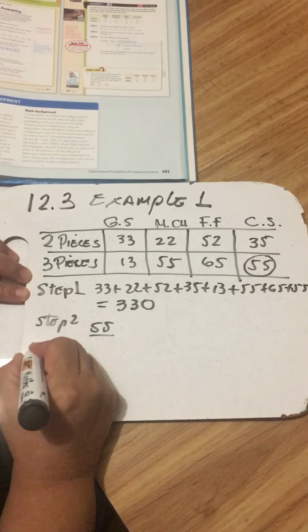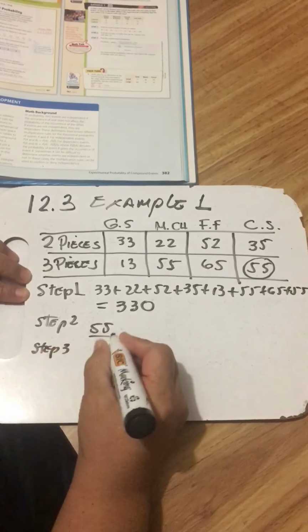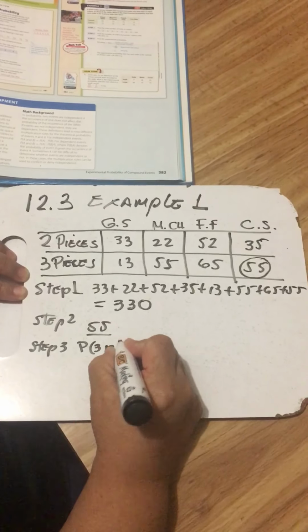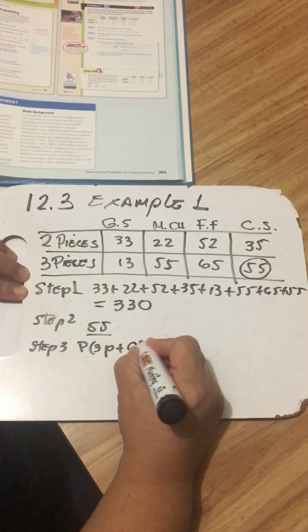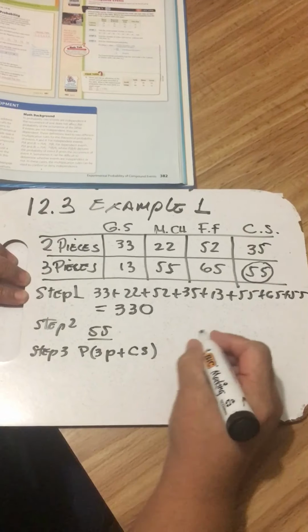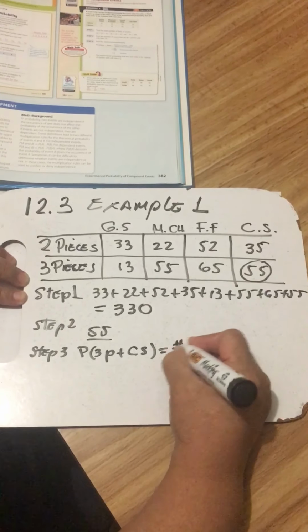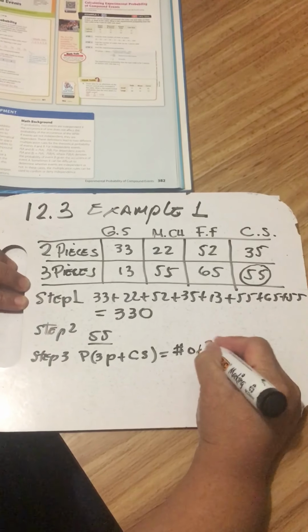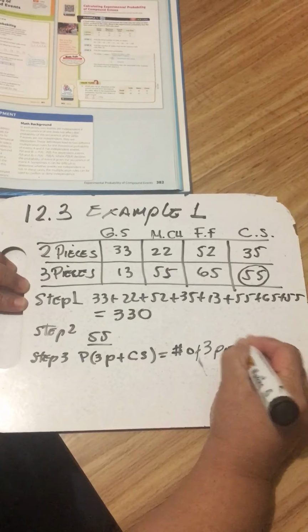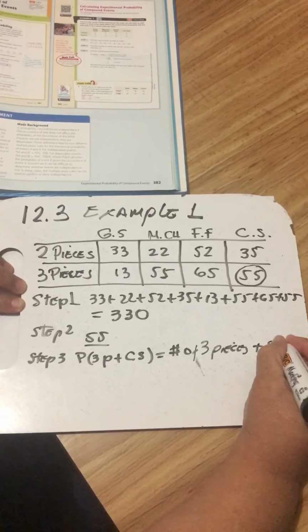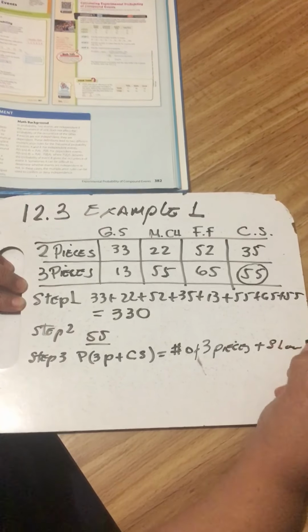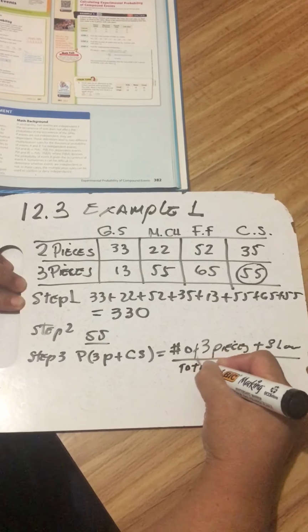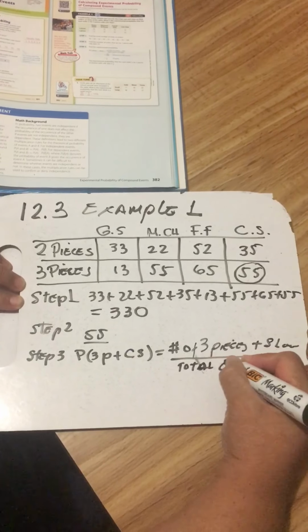Then in the step 3, we're going to find the probability. Then the probability to find 3 pieces and coleslaw is equal to the number of 3 pieces and coleslaw divided by the total number of orders.